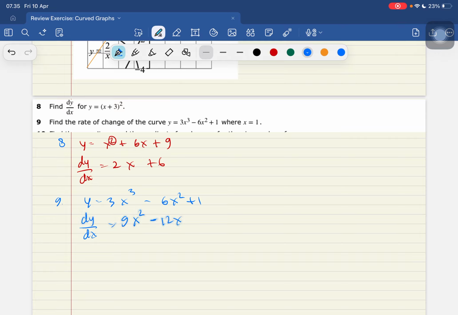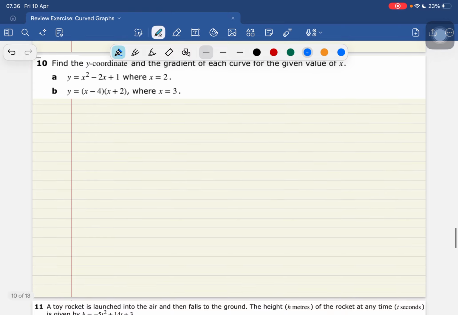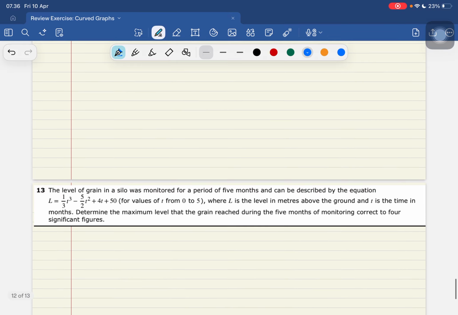Where x equals 1, we can just substitute: 9 times 1 squared minus 12 times 1. So it's going to be 9 minus 12, which is -3. So the rate of change, or the gradient, is equal to -3. Okay, we will continue with the next part. Thank you.